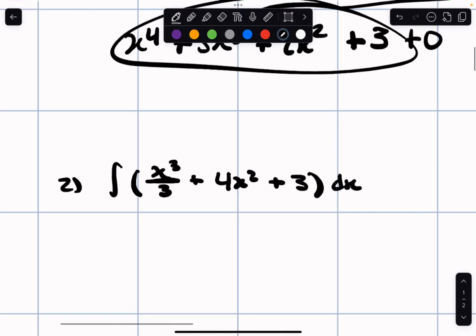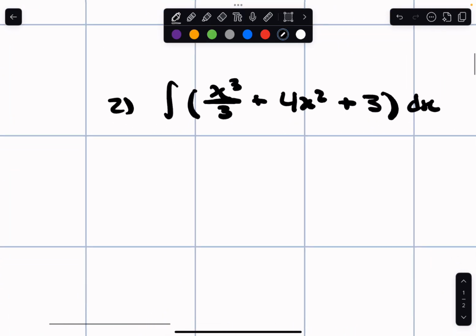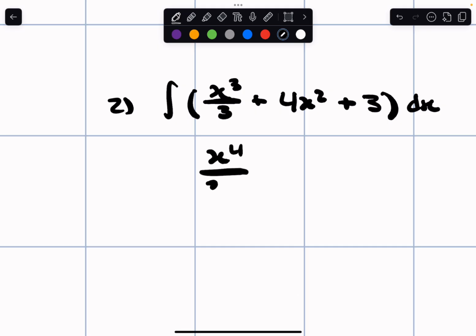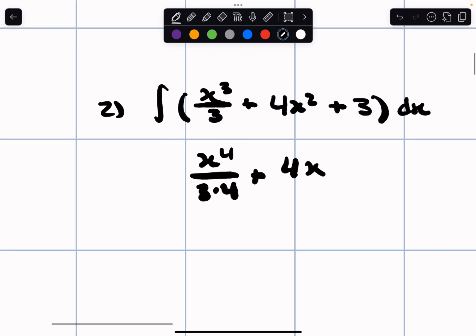Okay, same thing here. We're going to add 1 to the power in the polynomial, so for the monomial here, 3 plus 1 is 4, so it's going to be x to the 4th over 3 times 4, plus 4x, then we're going to have 2, right?